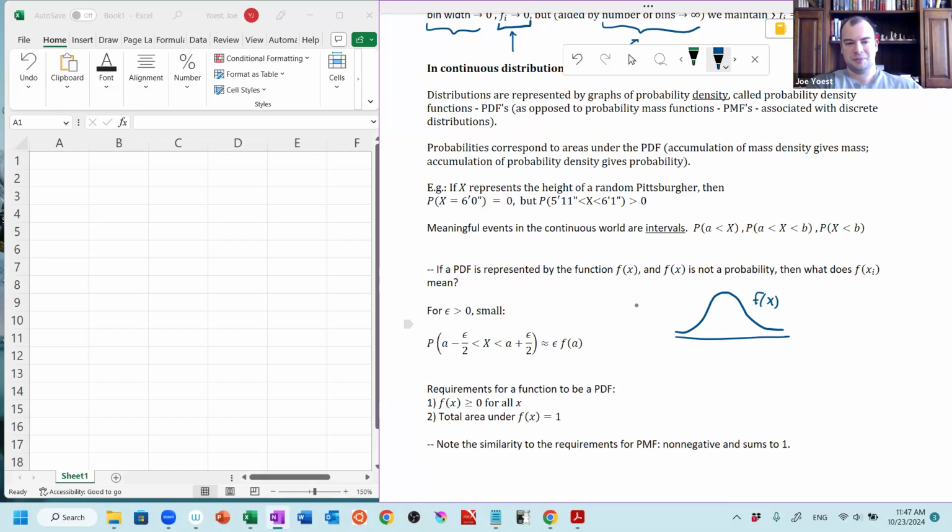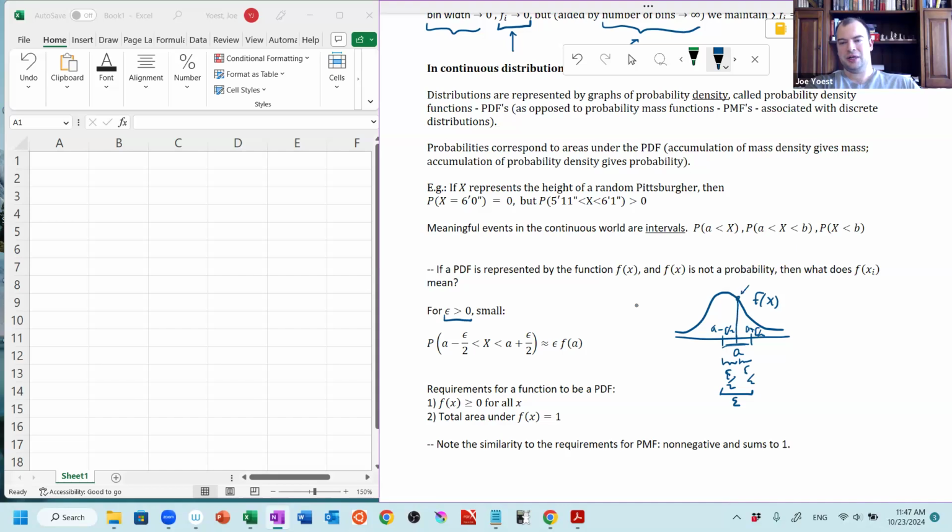Essentially, what it means is this. Take epsilon to be a small positive number and take a to be a point of interest. If I go epsilon to the left of a, to a minus epsilon, and I go epsilon over 2 to the right of a, to a plus epsilon over 2, this gives me a whole swath of location of width epsilon.